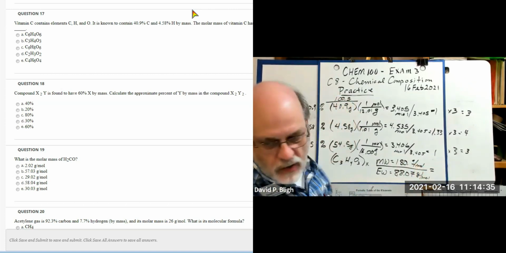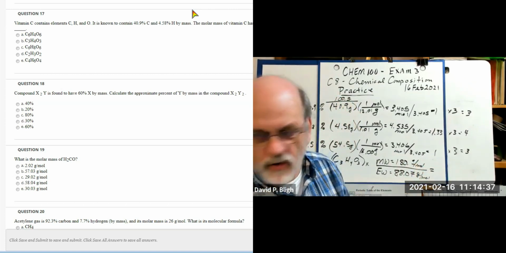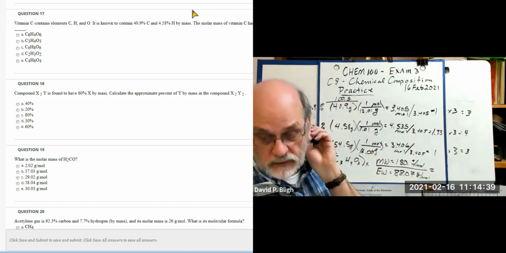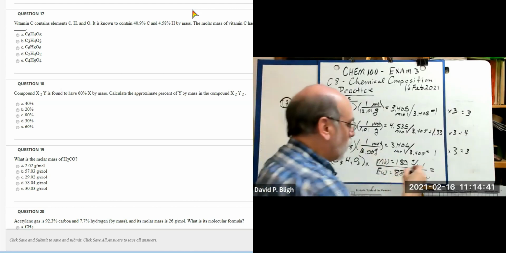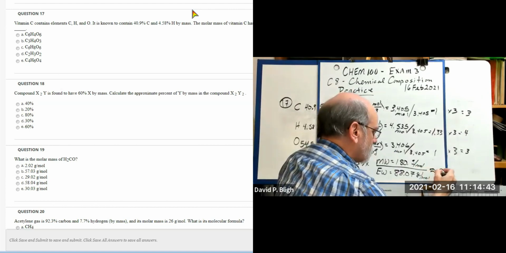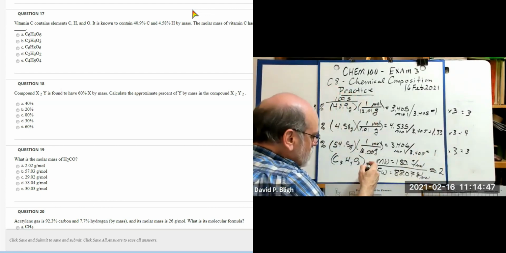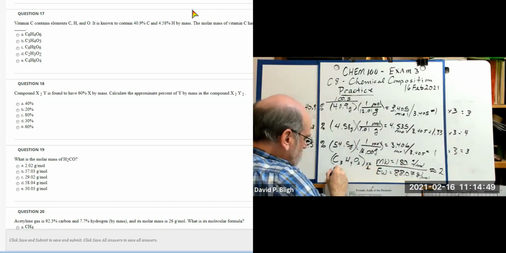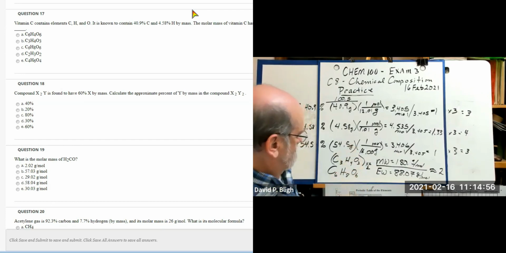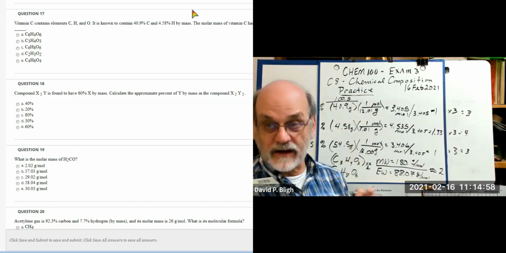So what's the ratio there? Well, the ratio is approximately 2, very close to the whole number 2. So that means if this is 2, C6H8O6 is the molecular formula.